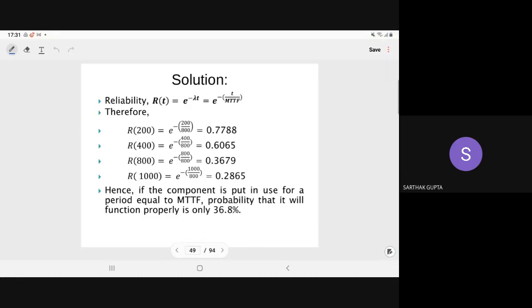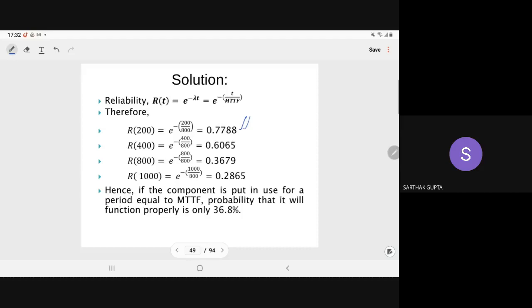So e to power minus lambda t, or e to power minus t upon MTTF, will come 0.7788. Similarly, for 400 hours, it is 0.6065. For 800 hours, 0.3679. And for 1000 hours, it is 0.8265.